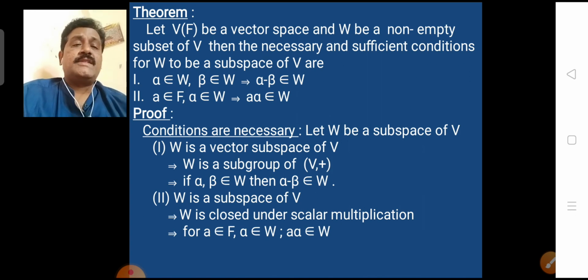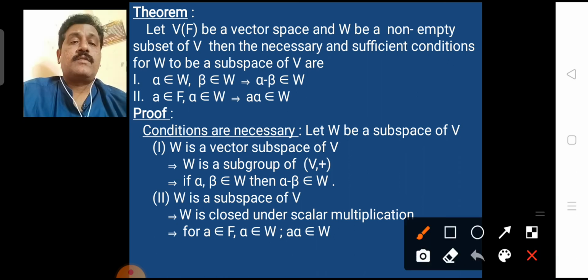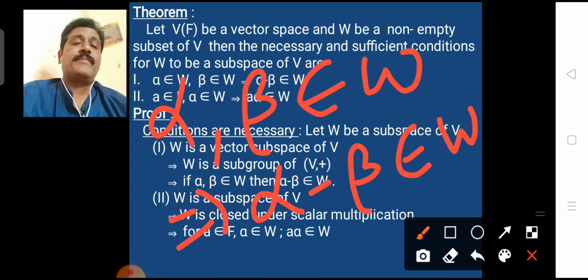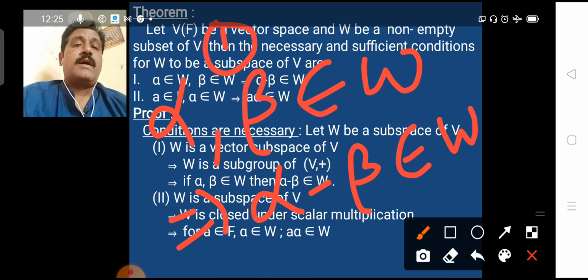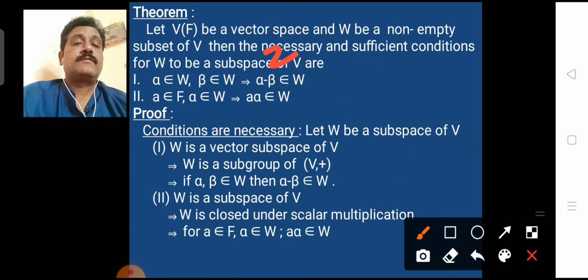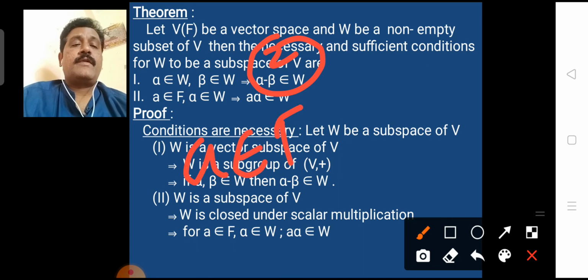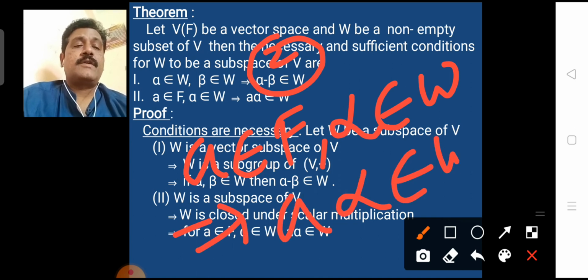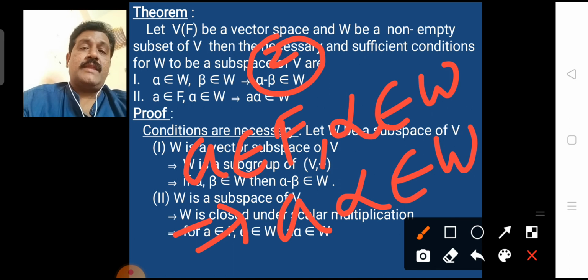One is: alpha, beta belong to W implies alpha minus beta belongs to W. And the second one is: a belongs to F and alpha belongs to W implies a alpha belongs to W. These two are the necessary and sufficient conditions for a non-empty set W of a vector space V to be a subspace. Now, proof.